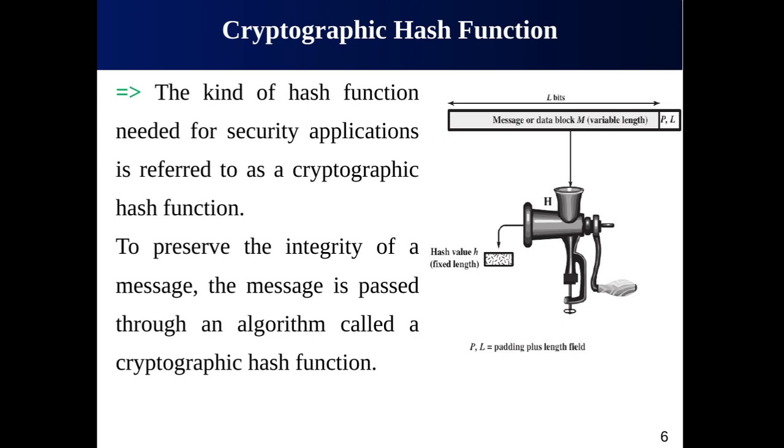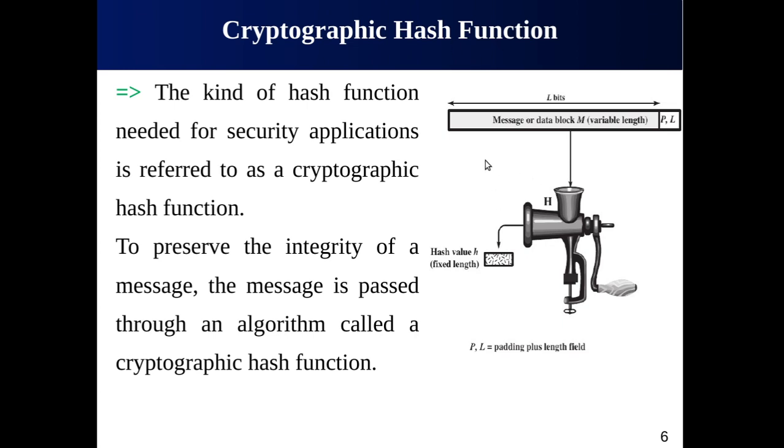Remember, a hash function is a process, a step-by-step procedure, an algorithm. And a cryptographic hash function is nothing more than a simple hash function, but we actually use it for security applications. For some people, the hash function and cryptographic hash function are the same thing because the objectives are the same: to make our communications secure. That is the objective.